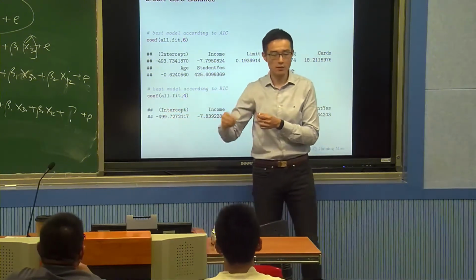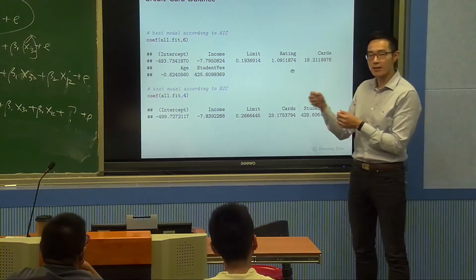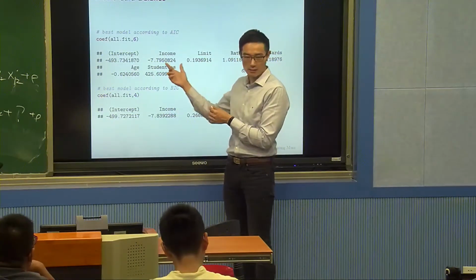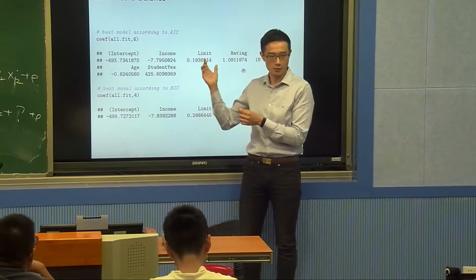So in other words, using the forward stepwise algorithm, we have reached exactly the same conclusion, the same model selection result, as if we had tried all different models and used AIC to pick.